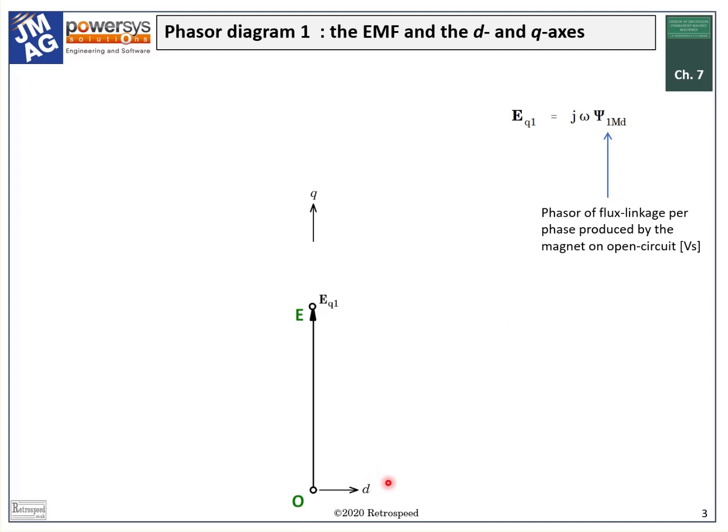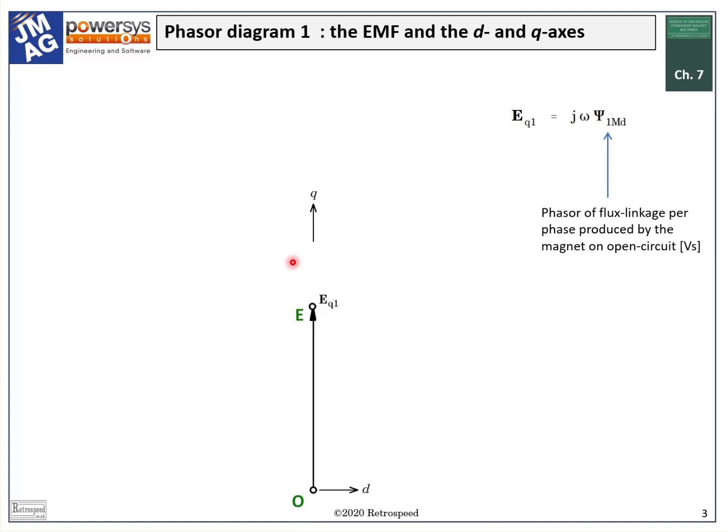In a synchronous machine, we can express the EMF as j omega times the phasor of the flux linkage produced by the magnet on open circuit in each phase. Without showing all the details, the important point here is that j omega in the complex plane rotates the phasor by 90 degrees so that the EMF phasor lies along the Q-axis.